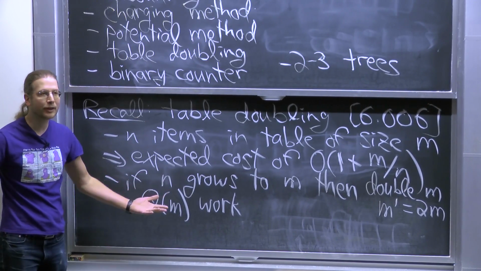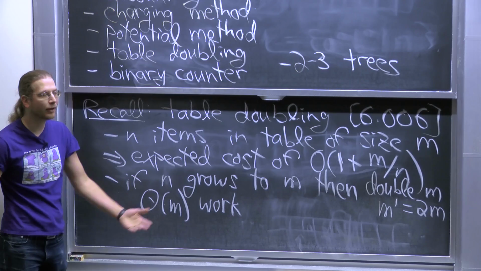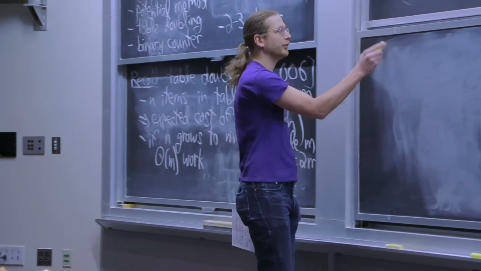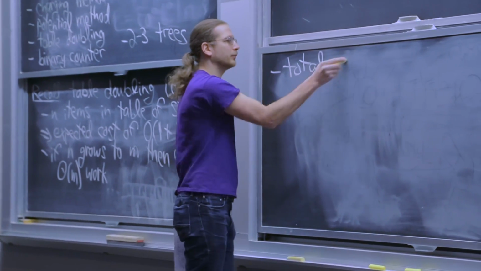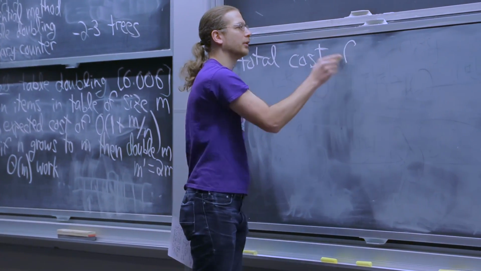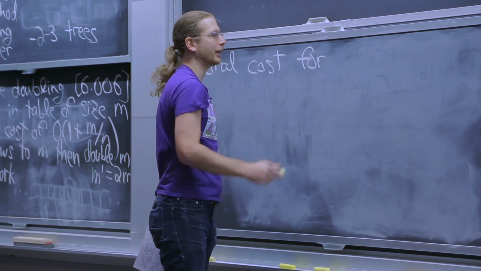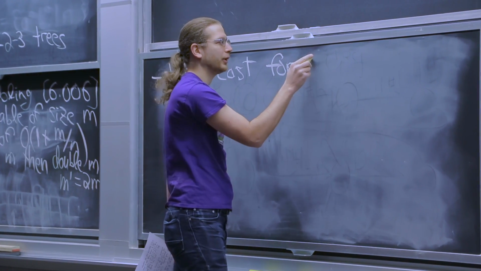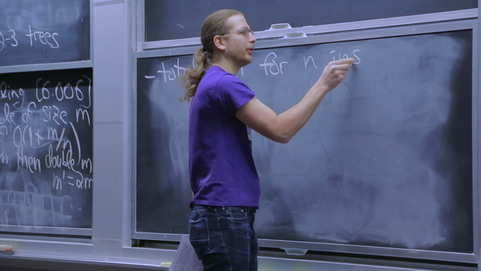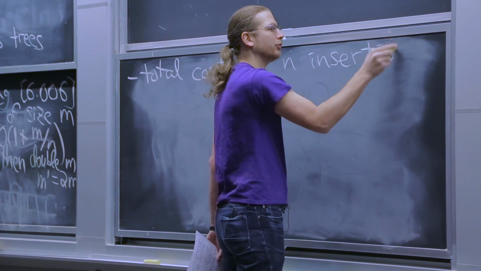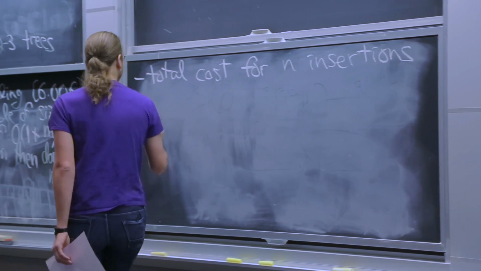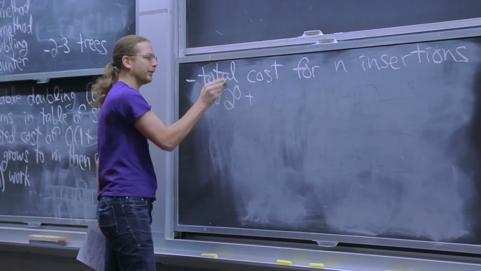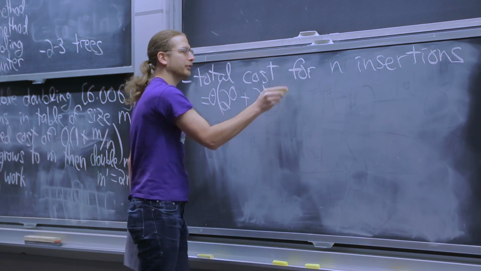But overall, it's not going to be bad because you only double log n times. And if you look at the total cost, so maybe you think, oh, is it log n per operation? But it's not so bad because the total cost for n insertions starting from an empty structure is something like 2 to the 0, 2 to the 1, 2 to the 2, all the way up to 2 to the log n. This is the big theta outside.